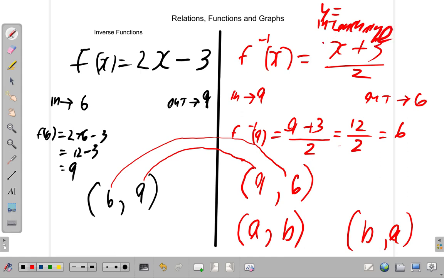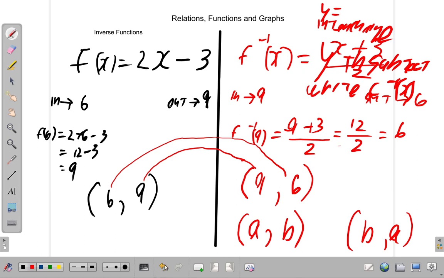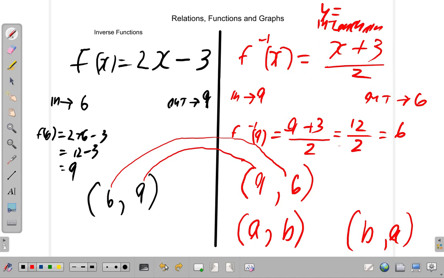Then you make y the subject. And then, when you make y the subject, you write f inverse of x. I'm mixing it up with the other writings, but just a reminder, because at each step you need to remind yourself that that is what you're going to do.